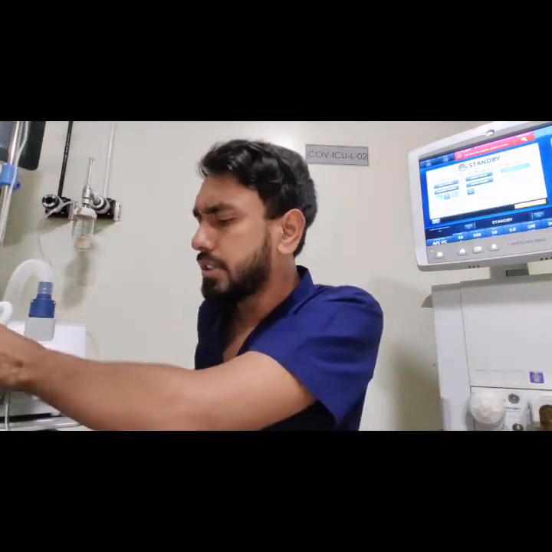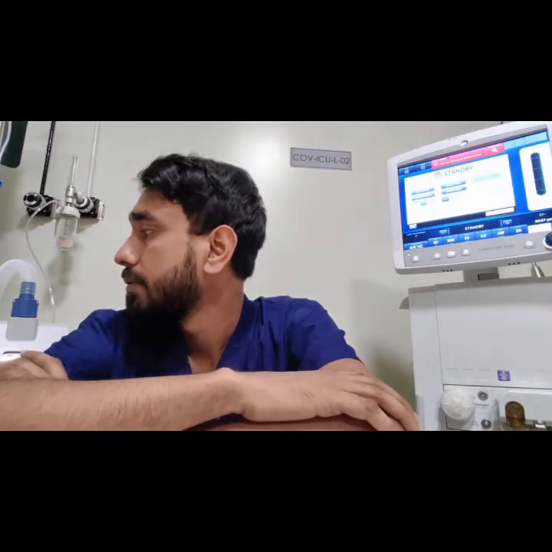We try to avoid invasive ventilation for this COVID-19 patient, as there are bilateral pulmonary infiltrates, that is, development of ARDS in these types of cases. We try to avoid invasive methods for this patient. That's why we provide the high flow nasal cannula system for this patient.